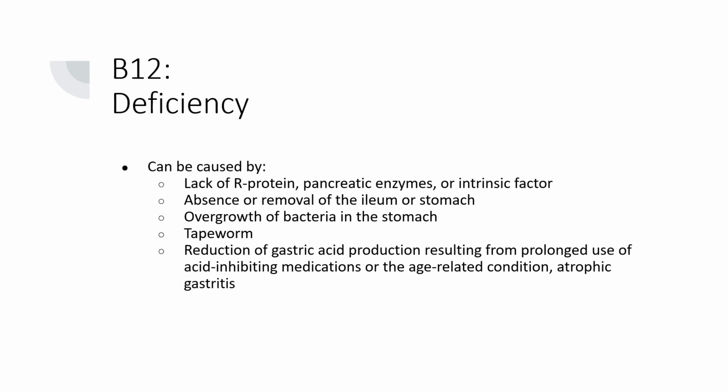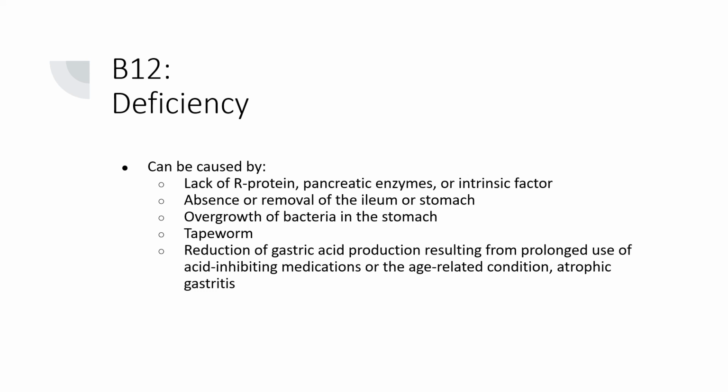Deficiency of B12 can be caused by lack of any of those molecules: lack of R protein, lack of pancreatic enzymes to cleave R protein from the B12 molecule, and lack of intrinsic factor. Other causes include absence or removal of the ileum or the stomach, overgrowth of bacteria in the stomach, and tapeworm.